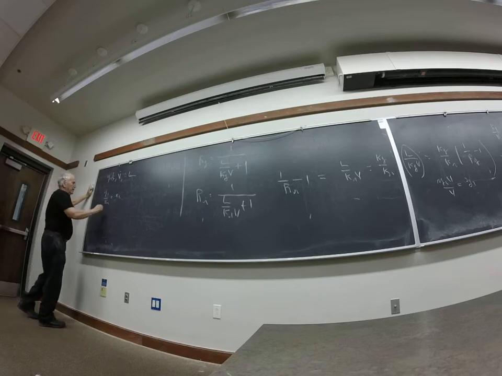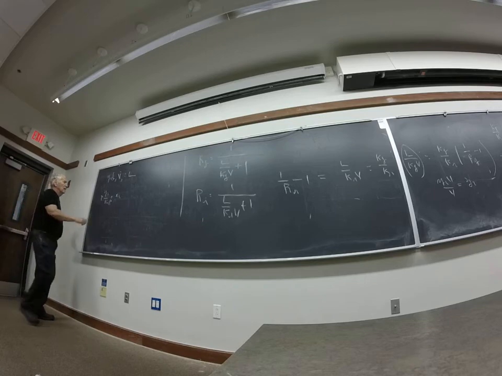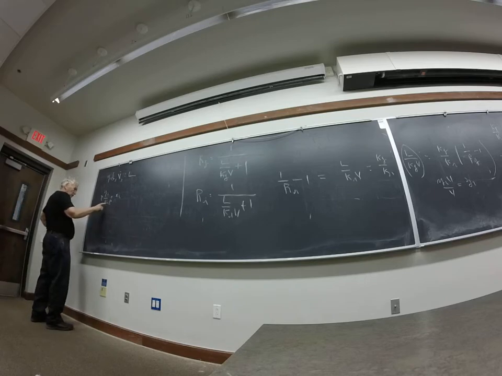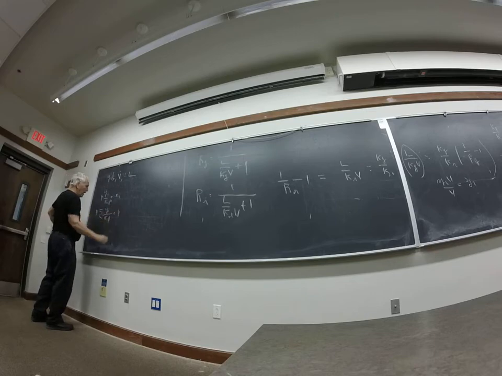Now, I'm going to write this as KIP times P. KIP depends only on T, so these guys are all known. So P times the summation of YI over KIP equals 1.